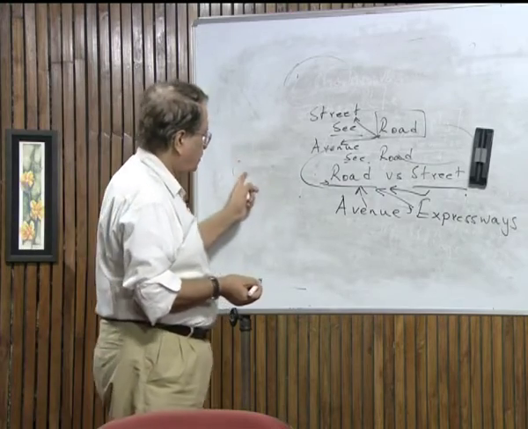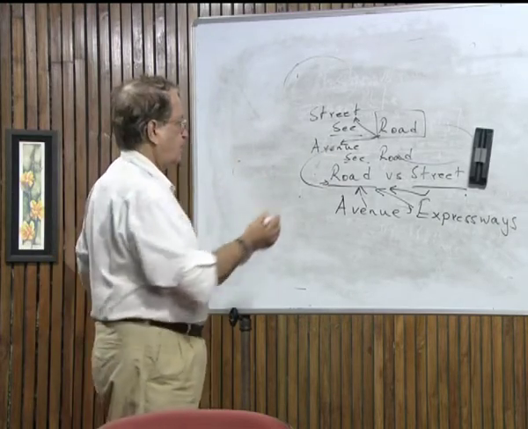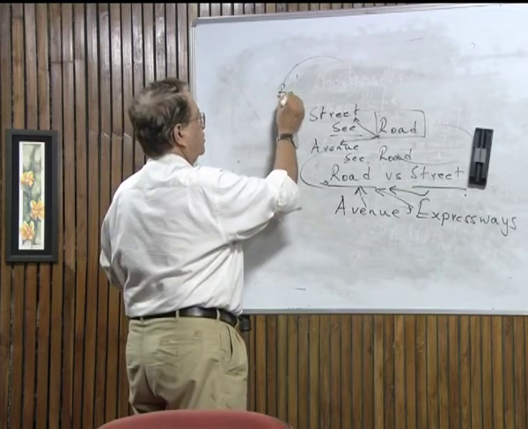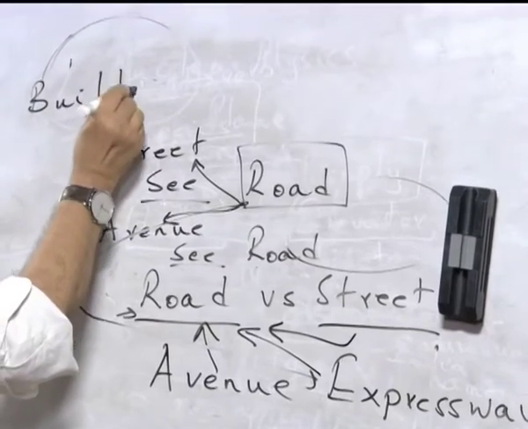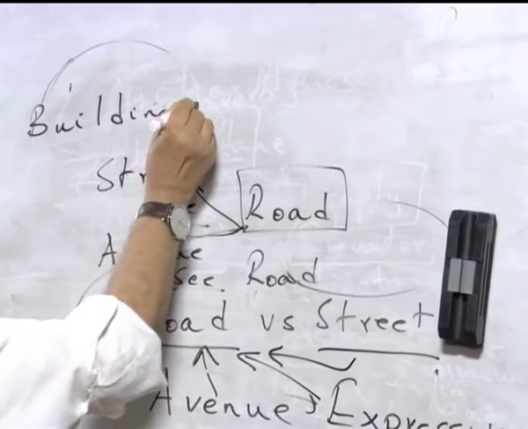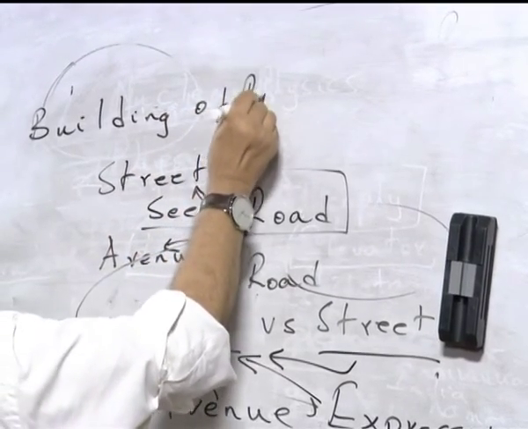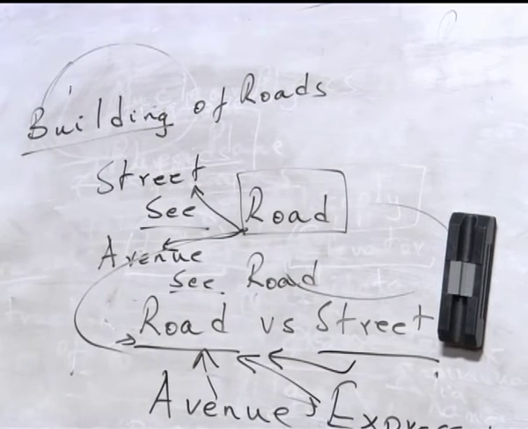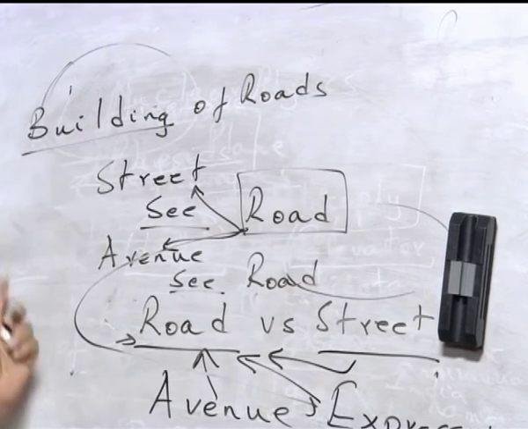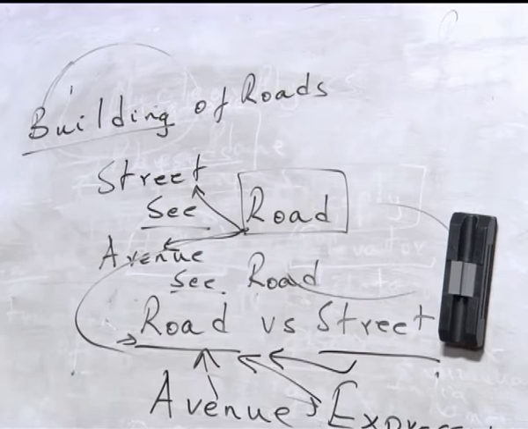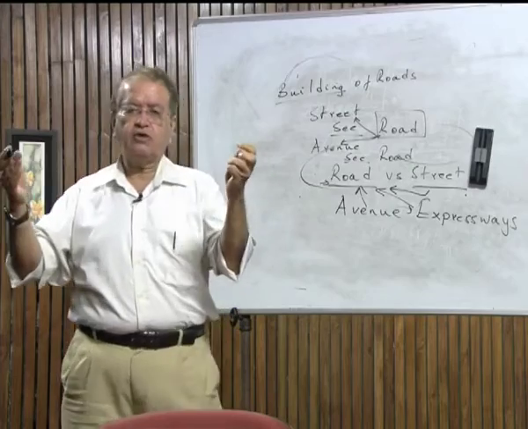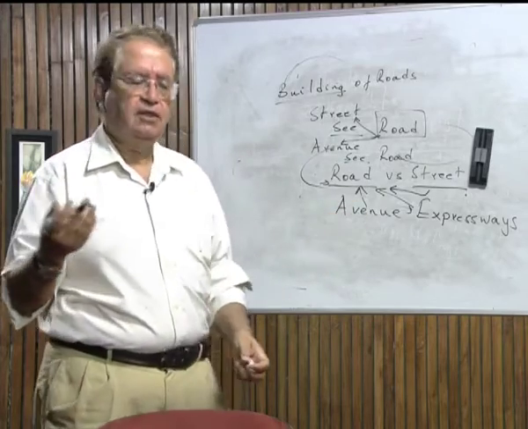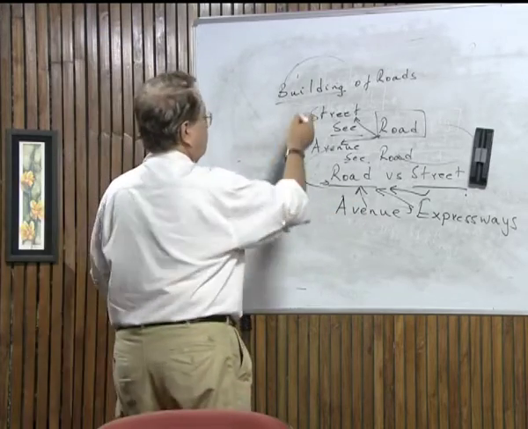Now, here I use the term construction of roads. Now, we can also use the term building of roads. Now, as soon as the term building comes, as a verb it is the same as construction, but building is also a noun, and then a whole lot of new kinds of terms emerge. What are they? You have different kinds of buildings.